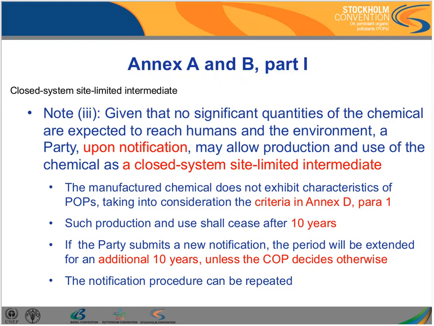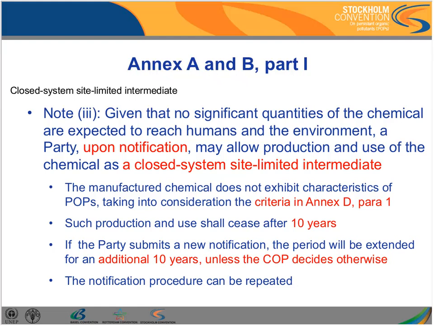There is a process in case the party needs to continue. If the party submits a new notification, the period will be extended for an additional 10 years unless the COP decides otherwise, and the notification procedure can be repeated.